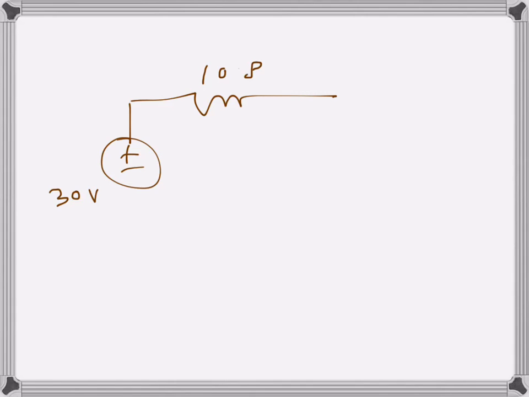So we now have the complete Thevenin circuit: 30 volts here, and the resistance is 10.833.